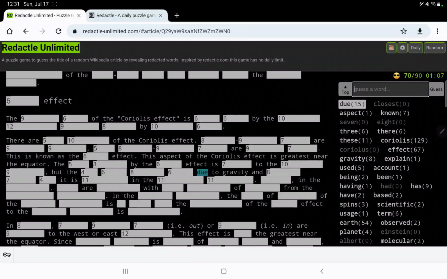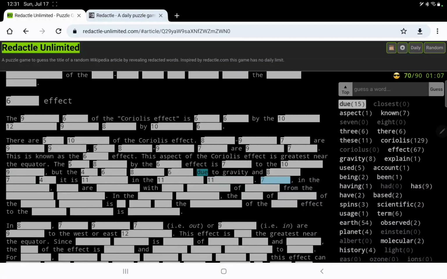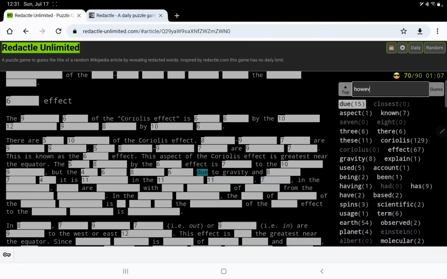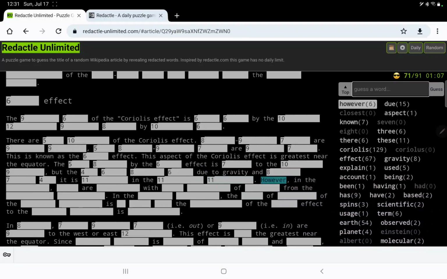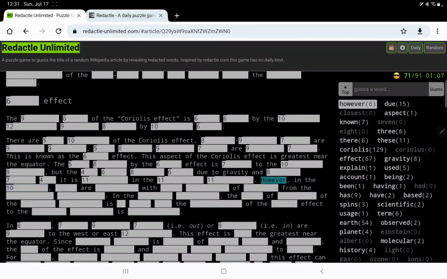Due to gravity and 8, 7, 4. Okay. However, in the 10, 5 or 10 with 5, 10 of 8 from the 11, 11.